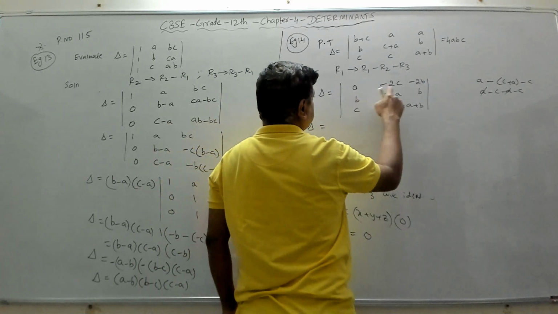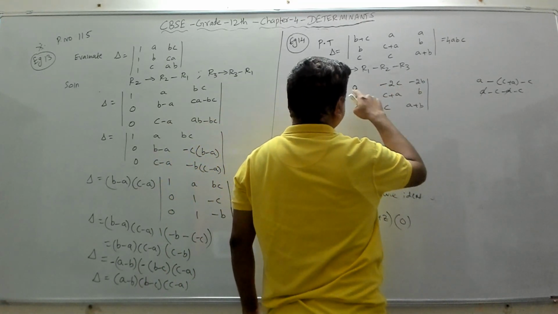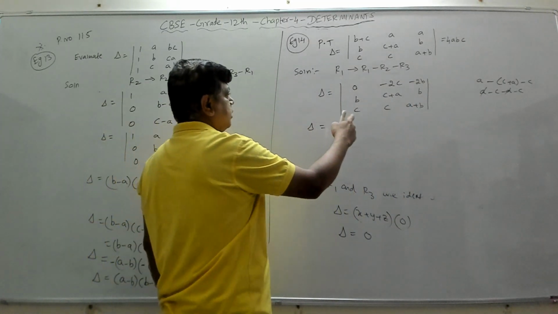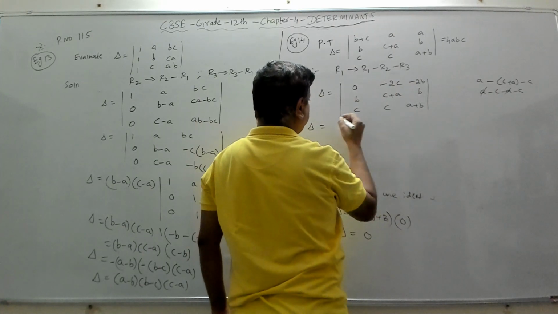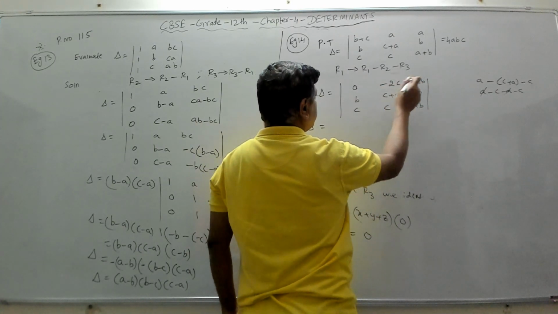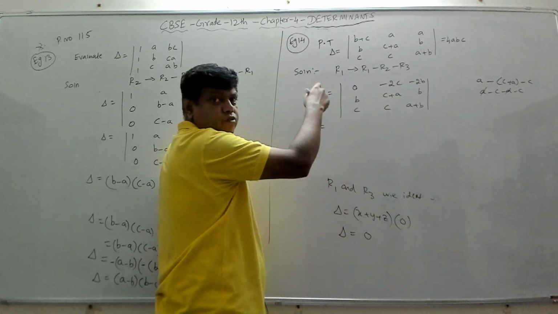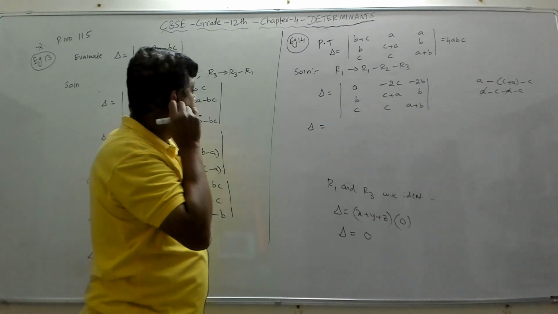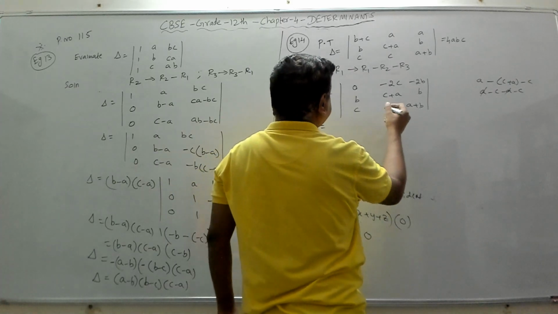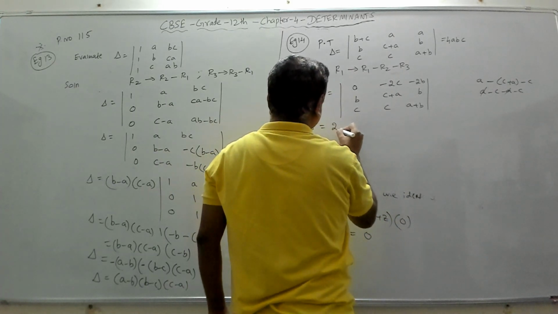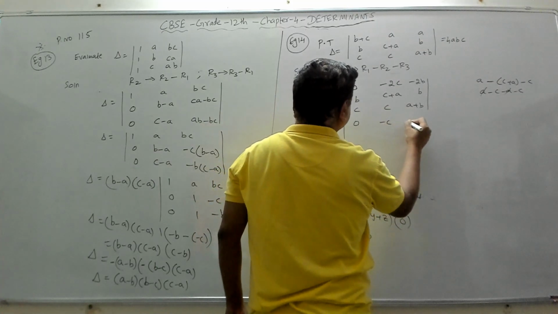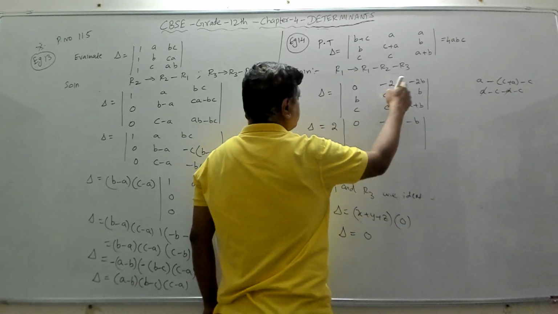Now if you observe the first row, we see that 2 is common. Even minus 2 is common, but we will take positive 2. So 2 is here, 2 is here, 2 is here also, because 0 can be written as 0 into 2. So if I take 2 out, we get 0, then minus C, minus B. I have taken 2 common.